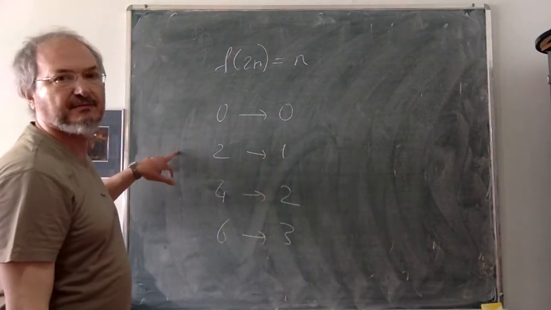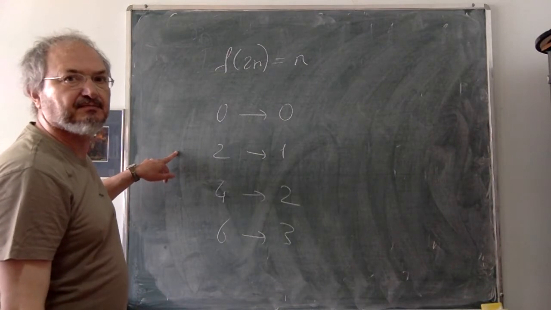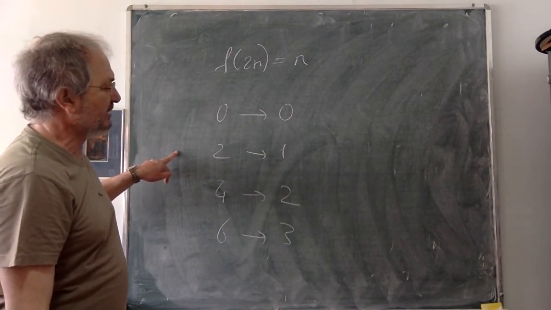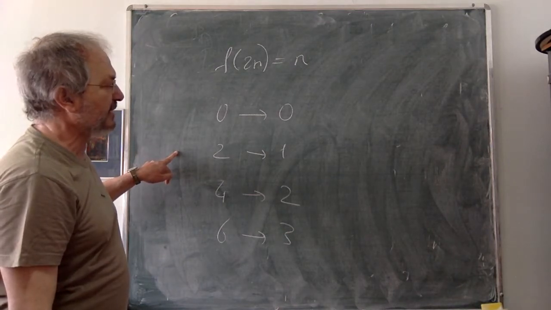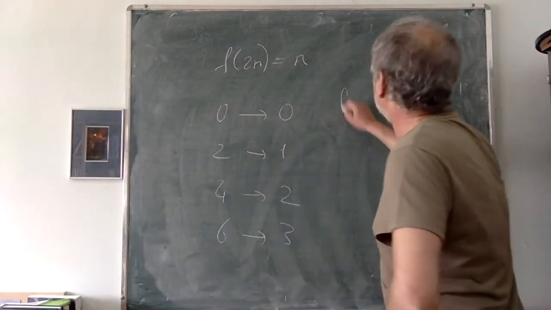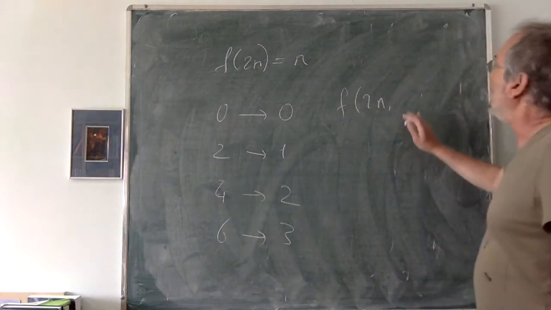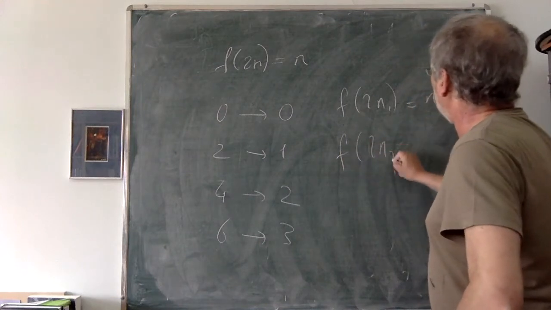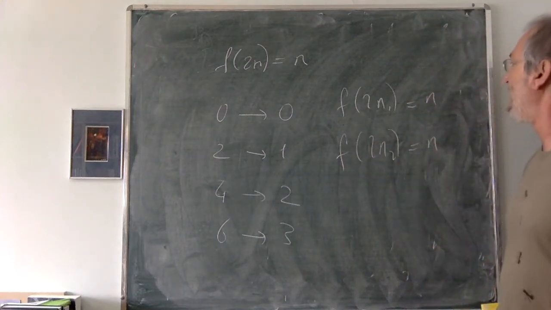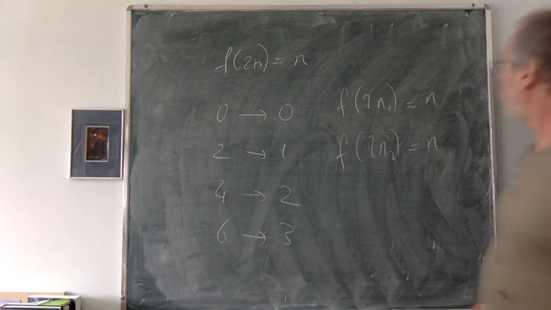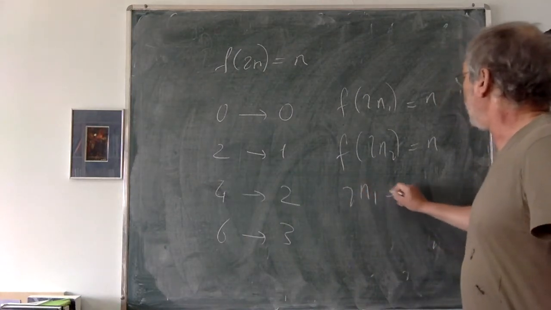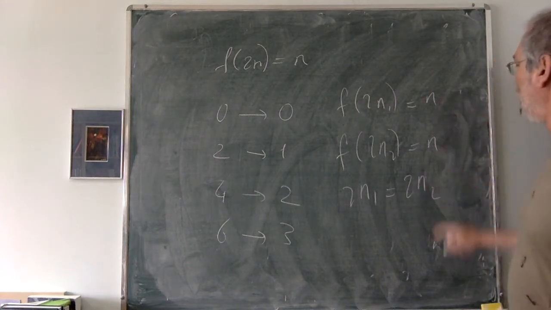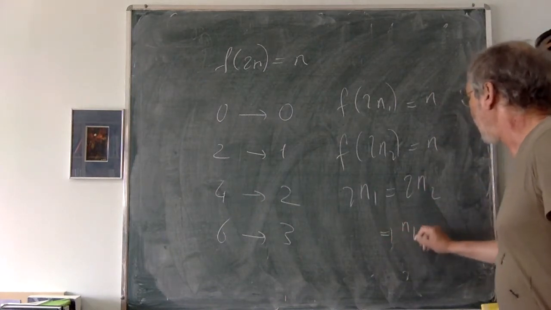As you can see, this is 1 to 1 and onto. I mean, if 2n1 takes you to n, and 2n2 takes you to n, since 2n1 equals 2n2 because they're equal to n, it follows that n1 equals n2.